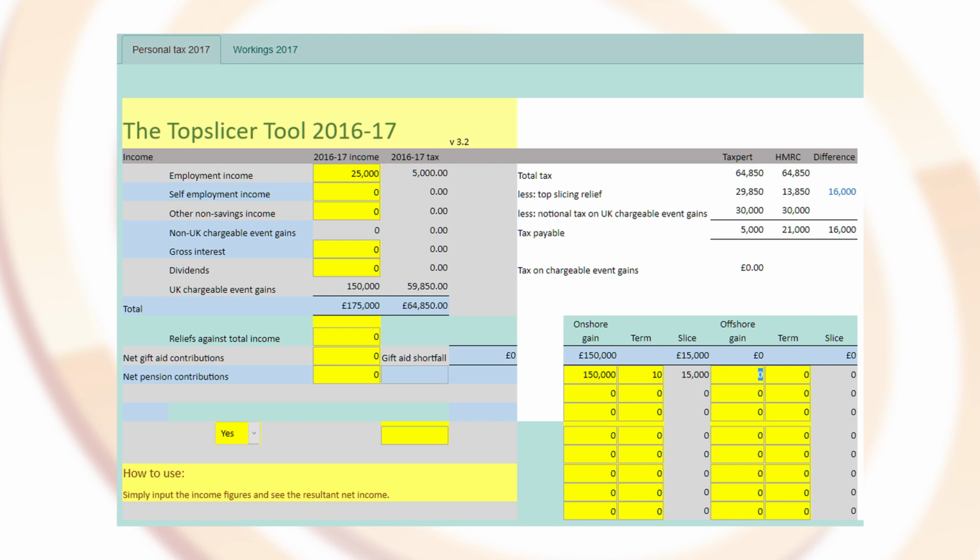So we've got 25,000 of other income and a £150,000 chargeable event, and the chargeable event certificate will have been issued by the life company. Now, as you can tell, the 25 plus the 150 takes us in total to income, because the chargeable event gain is savings income, it takes us to 175,000, and so you would not qualify for any personal allowance. And HMRC and I agree on the tax calculation before top slicing.